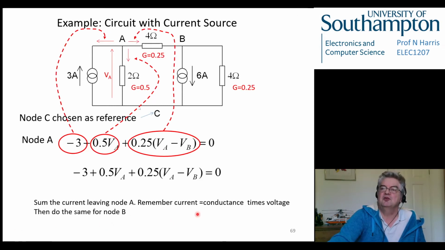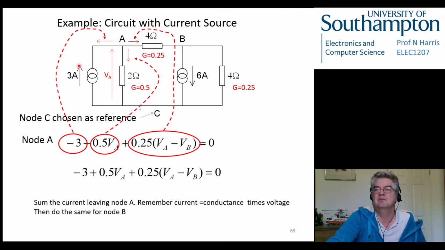Right, so in our example we've chosen node C as the reference, and now we want to work out what's going on at node A and node B. So we want to look at the currents going into or out of A, and we add them all up. At node A, we've got 3 amps.